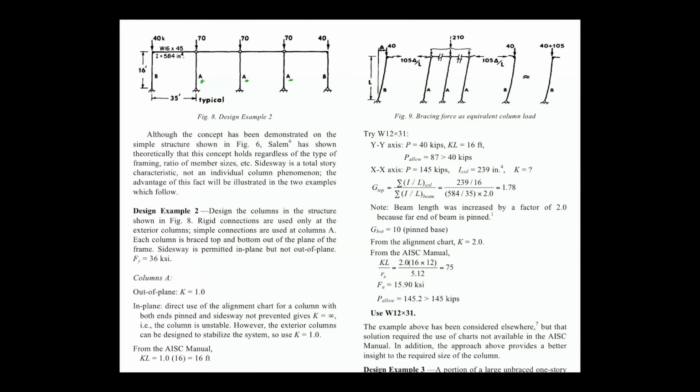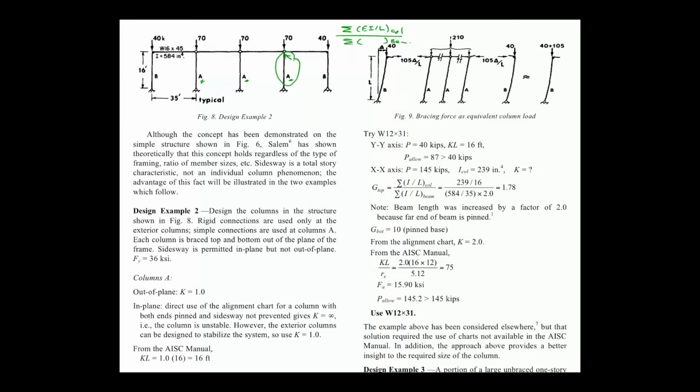K is equal to infinity because at the top, when you compute the K, you take the sigma of EI over L for the column divided by the same thing for the beam.